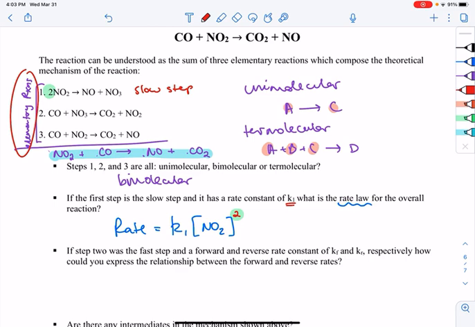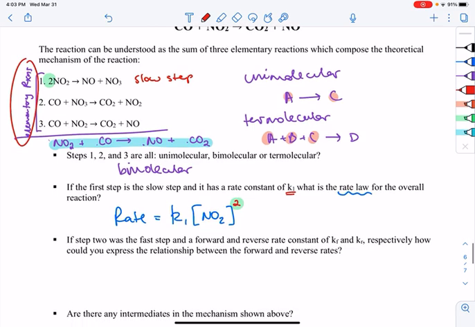Okay? If step 2 was the fast step and has a forward and reverse rate of Kf and Kr, so we'll say this is the fast step, respectively, how could you express the relationship between the forward and reverse rates? So whenever you have a fast step, the forward rate equals the reverse rate.